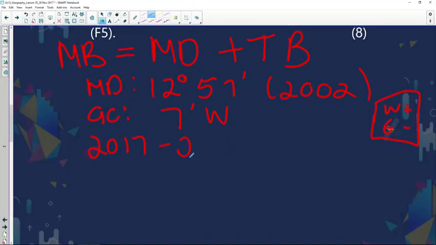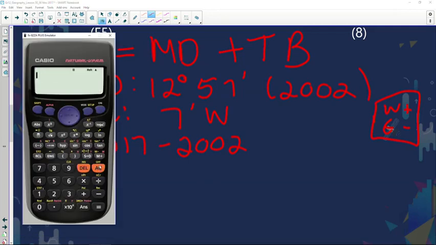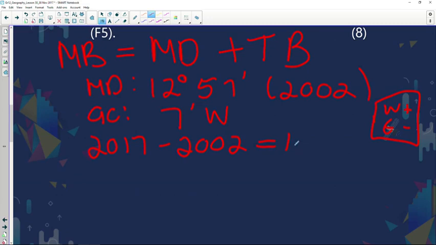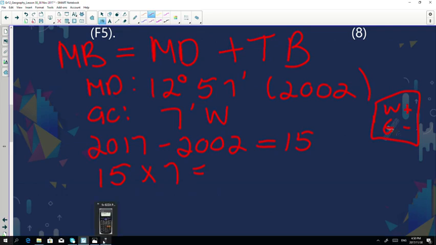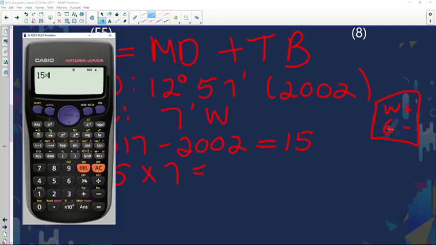And the present year is 2017, subtracting 2002. That gives me 15. Now, from 2002 to 2017, there's a 15-year difference. Every single year, it moved 7 minutes west. So what do we need to say? 15 times 7 equals, let's quickly go and calculate that. 15 times 7 equals 105.